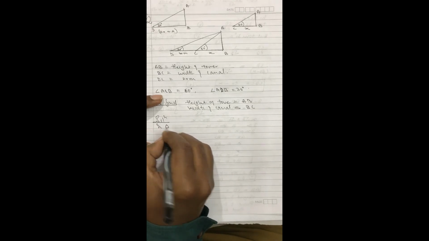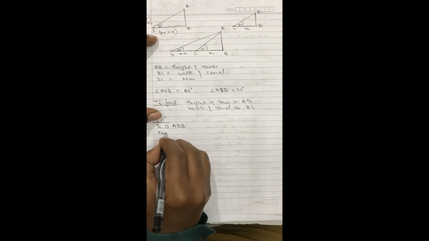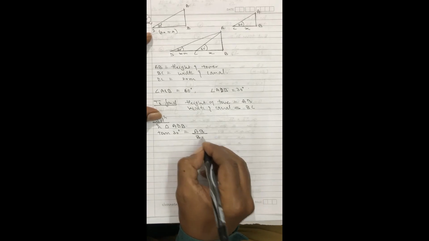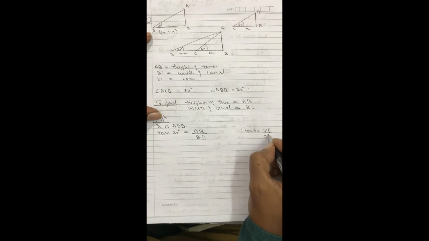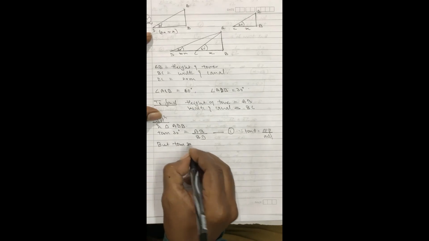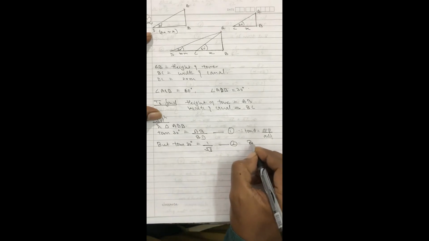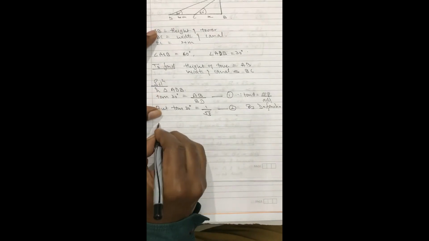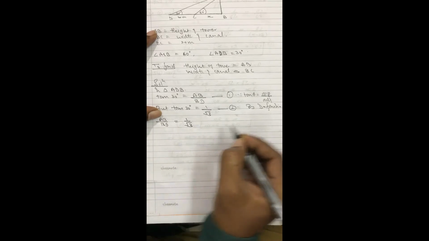Solution: in triangle ADB, again it is opposite side upon adjacent side. Opposite side is AB, adjacent side is BD, since tan theta is equal to opposite side upon adjacent side, this is 1. But we know tan 30 degrees is equal to 1 upon root 3 by definition. So from 1 and 2 I will get AB upon BD is equal to 1 upon root 3.